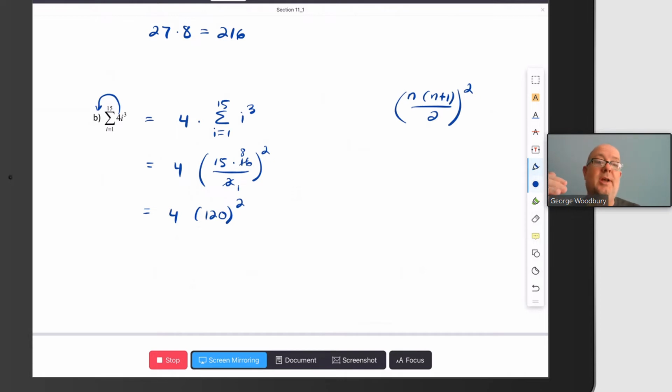Now, at that point, we happen to know that 12 squared is 144. So when we have 120, it's going to add on a 0 twice. This is 4 times 14,400. And then we can multiply by 4. And we should get 57,600. But I'm going to go back to the original and show you that in the calculator as well.